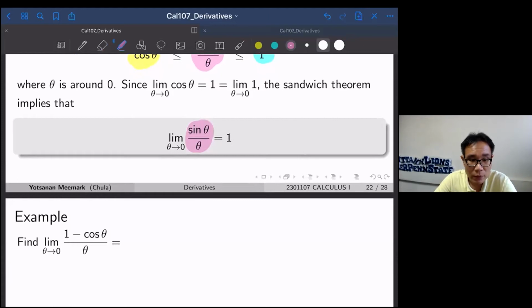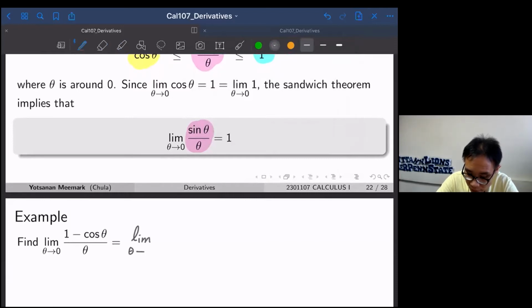Another important one that we will use is the limit as theta goes to 0 of 1 minus cos theta over theta. We know the limit of sine theta over theta when theta goes to 0 equals 1. So how about this limit? We're going to use a trigonometric identity.